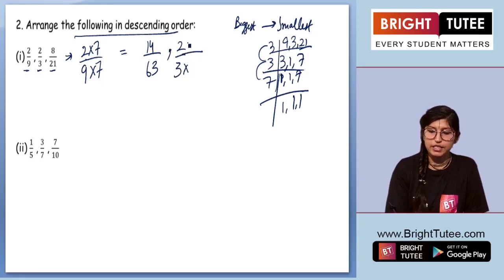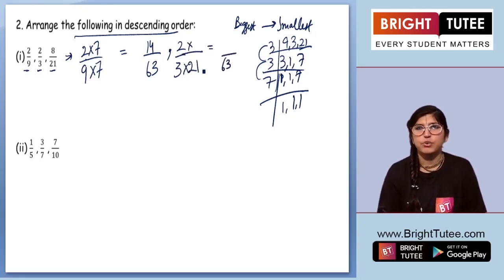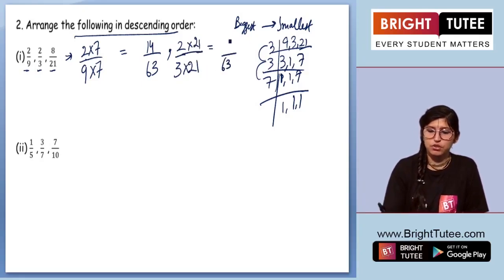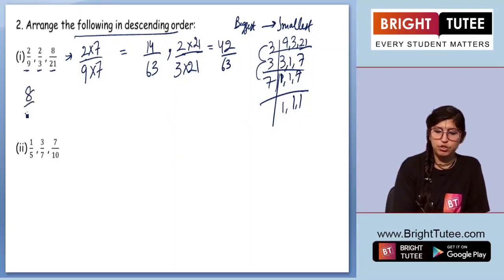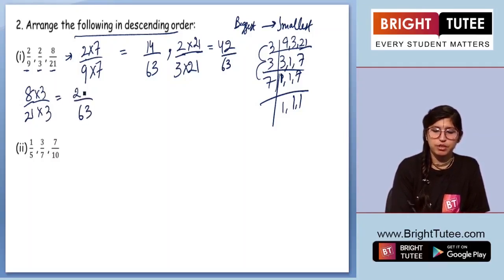Now to make it 63, we need to multiply it by 21. Again multiplying the numerator by 21 as well, we'll be getting 42. The last one is 8 over 21 and we need to make it as 63. So we'll be multiplying it by 3. So we'll be getting 24.